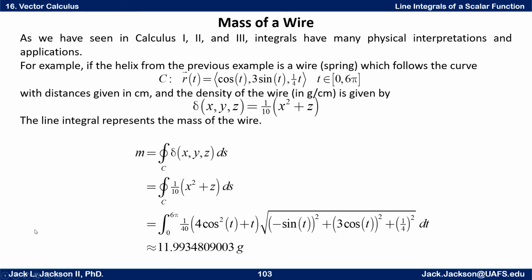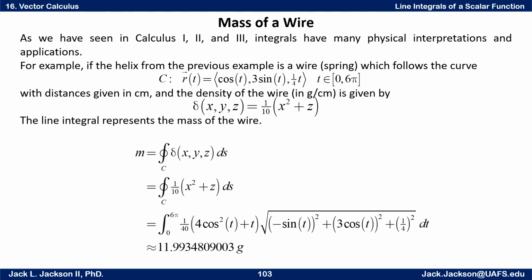Suppose the blue thing is actually a wire. So we actually have like a physical spring here. But let's say that this wire has a variable density. So it's again the same formula for our wire. r of t equals cosine of t, comma 3 sine of t, comma 1/4 t. That identifies the path that it's going along, from t going 0 to 6 pi.